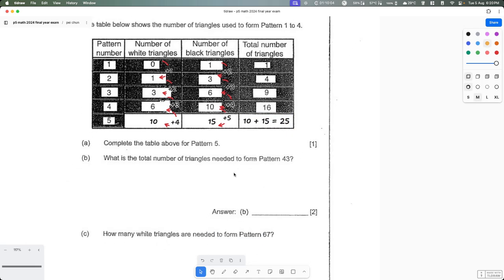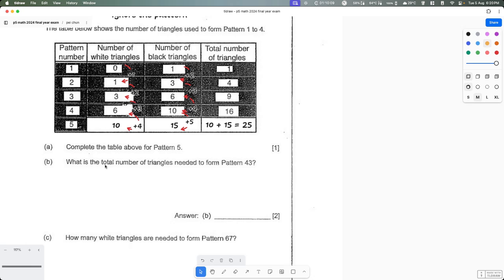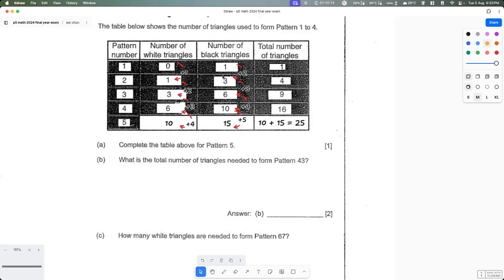Okay, so now next one is, what is the total number of triangles needed to form pattern 43? So pattern 1 is equal to 1, and if you've done enough pattern questions, pattern 3 is equal to 9, and then pattern 4 is 16.